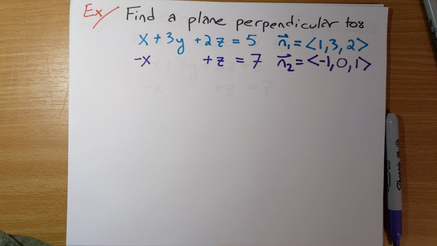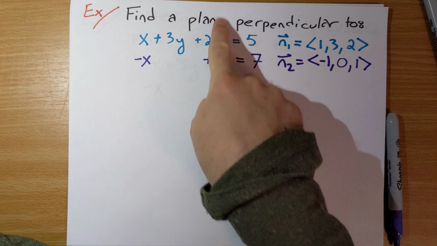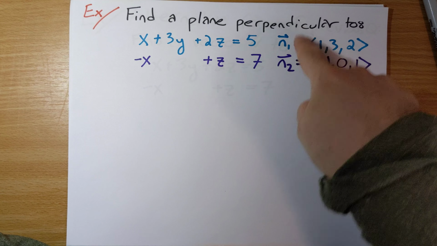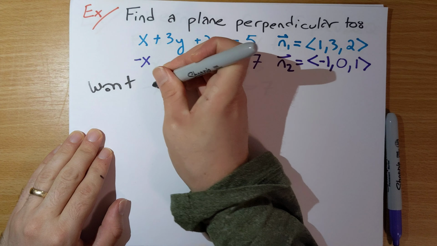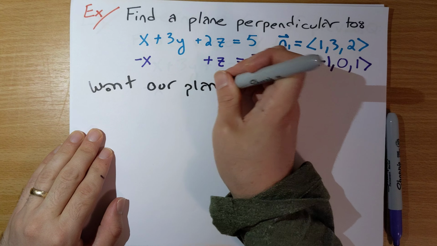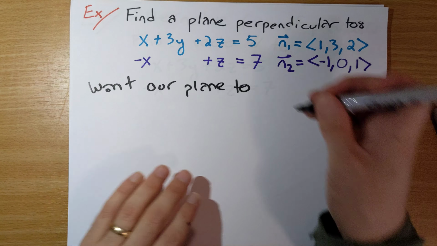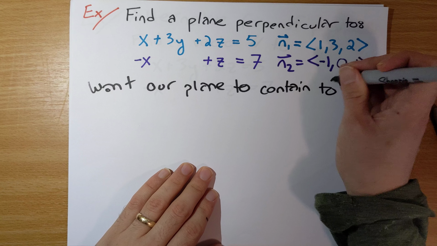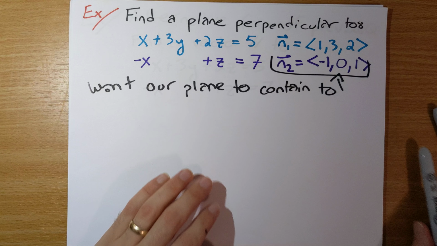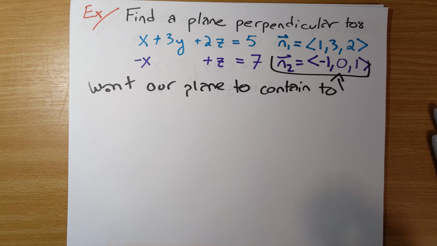And so we want our plane to be perpendicular to both of these. We want our plane to contain or be parallel to both of these vectors here. So we want 1, 3, 2 to lie in our plane, to be parallel with our plane.